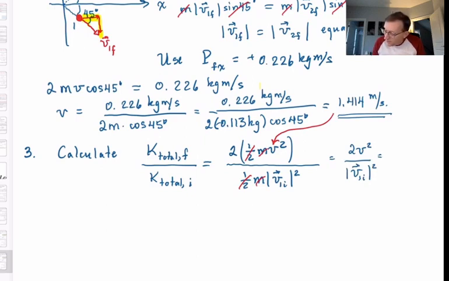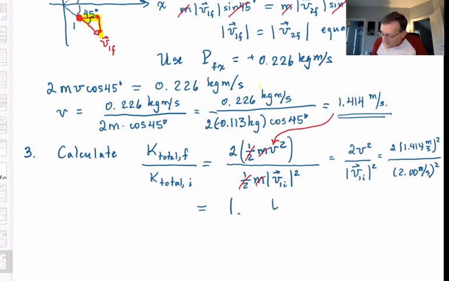That's 2 times 1.414 meters per second squared over 2 meters per second squared. Notice the units cancel, the ratio is dimensionless. You check that on your calculator, but you will see that it is 1.